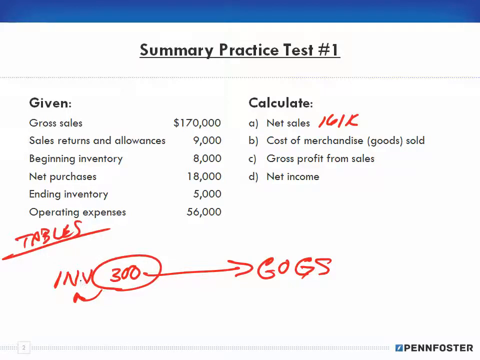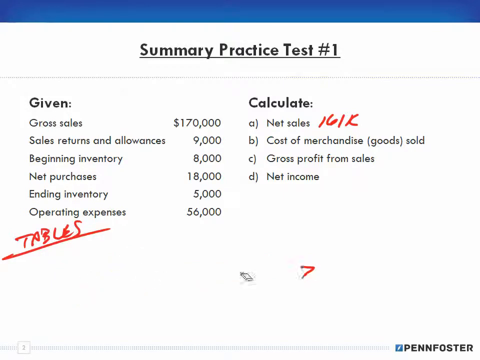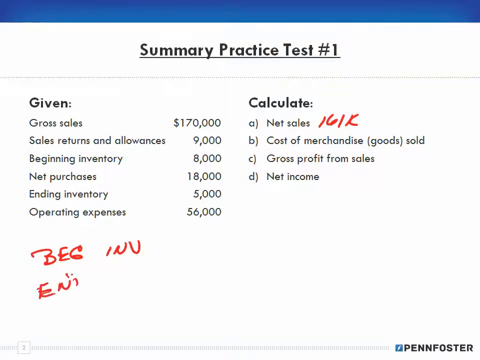Because we're dealing with inventory, we need to know and understand what our beginning inventory was, and then when we subtract out our ending inventory, the difference between the two is our cost of goods sold.